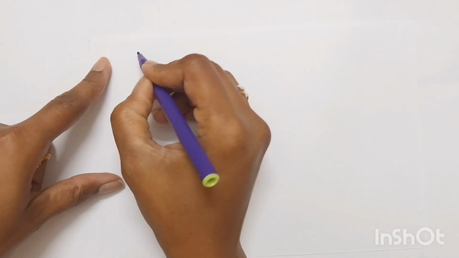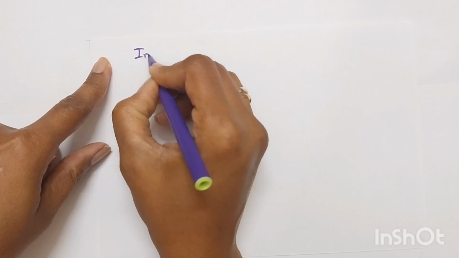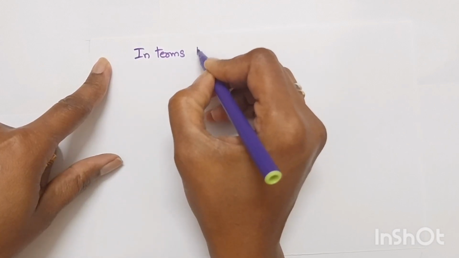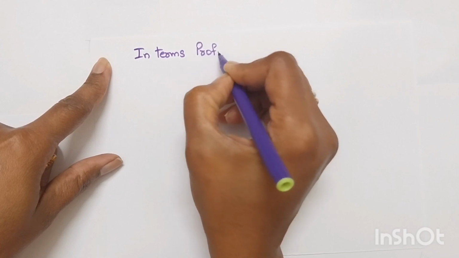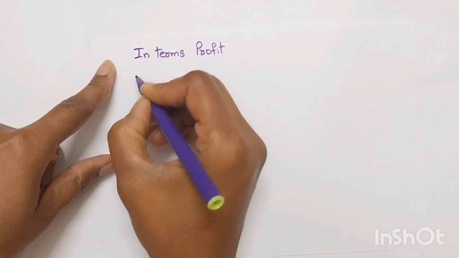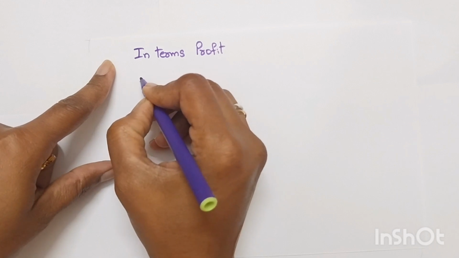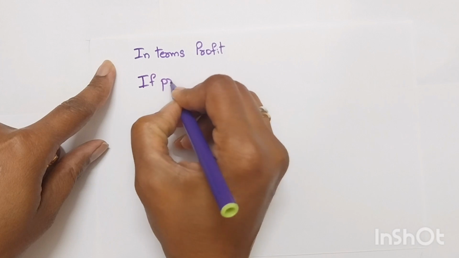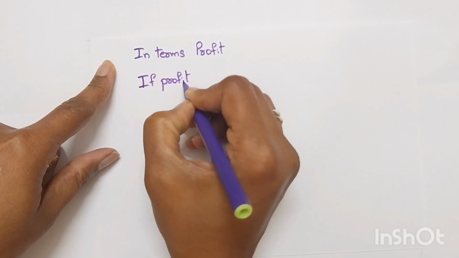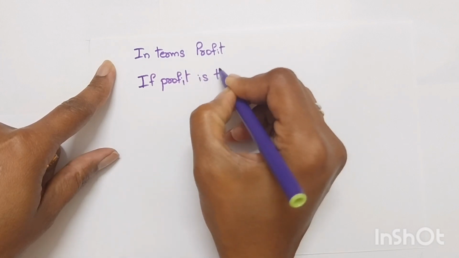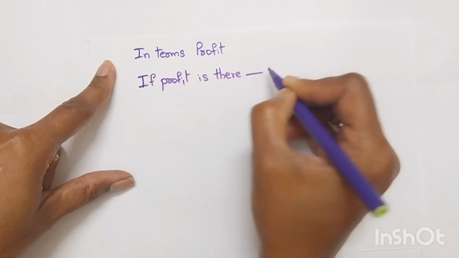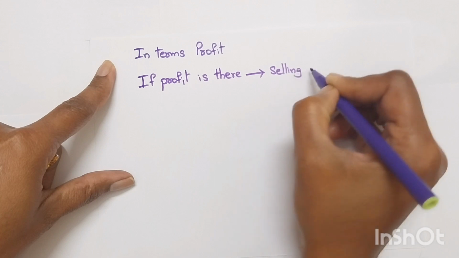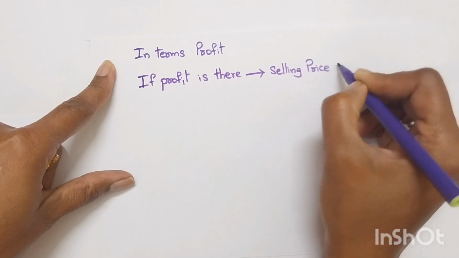So in terms of profit, we can write: if profit is there, selling price is more.